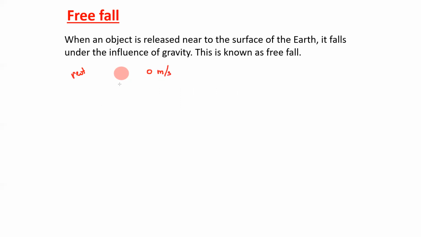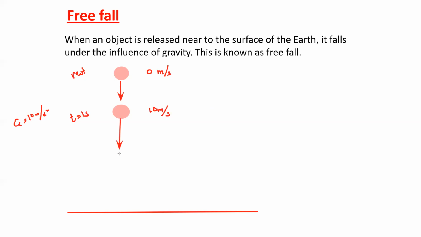When we drop it, after 1 second, because we know objects which are falling under the influence of gravity all have the same acceleration of 10 meter per second square. So what does it mean? It means every second the speed should change by 10. So if originally it is 0, after 1 second, what will be the speed? The speed will be 10.